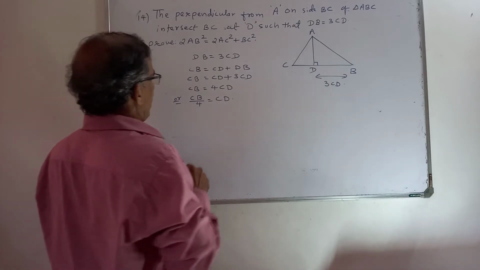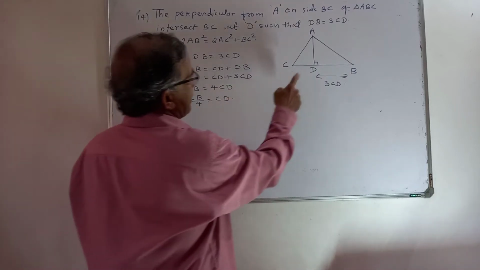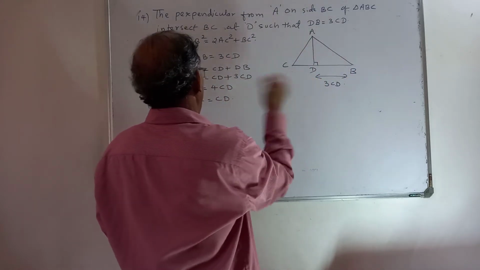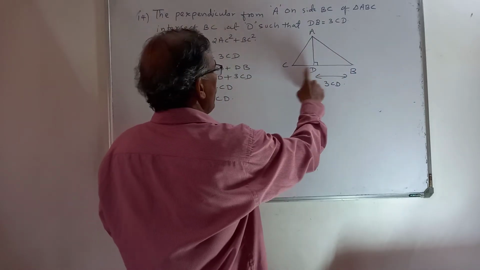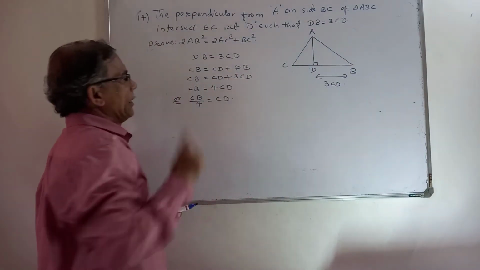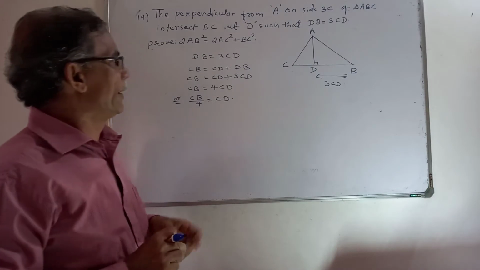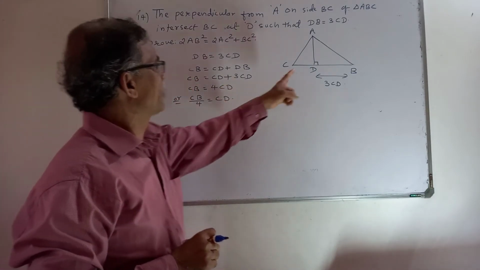So this full length CB is equal to 4 times CD. That is the relation we have obtained between CB and the smaller CD.